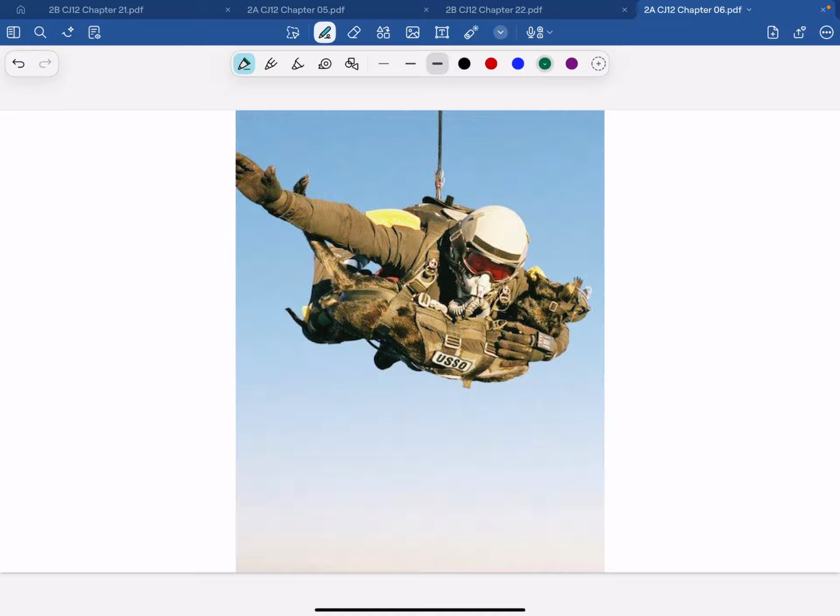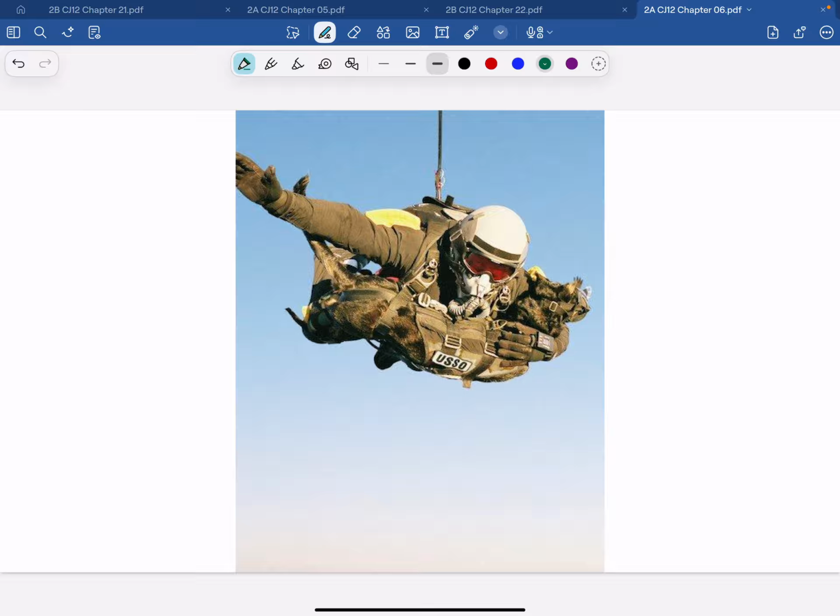But one of the things that special branches of our military do is something called a HALO jump. The joke is, if you do it wrong, you'll be wearing a halo. The acronym stands for high altitude, low opening.